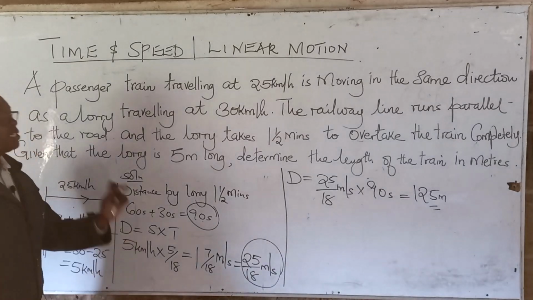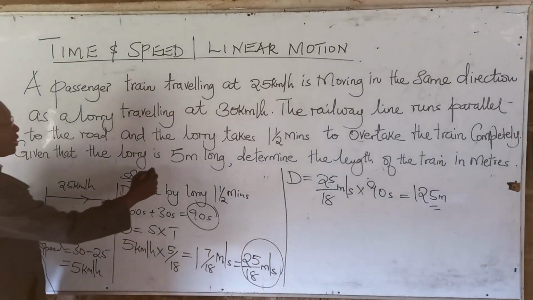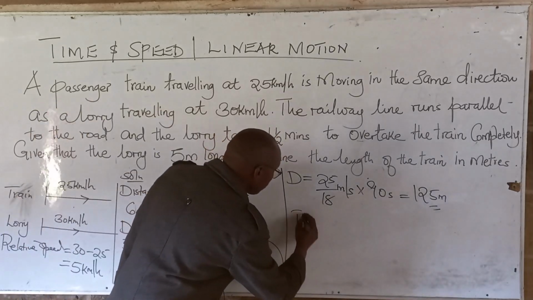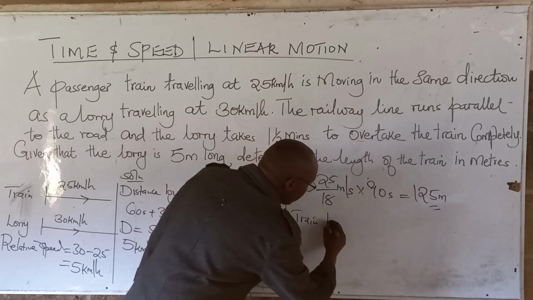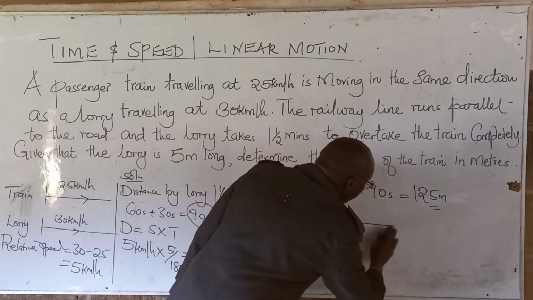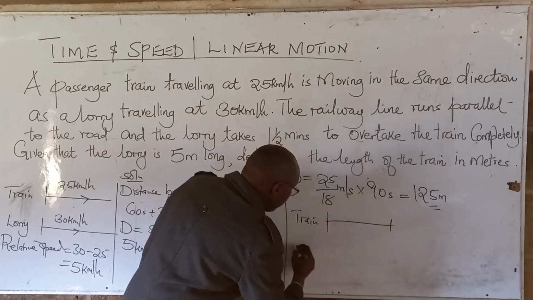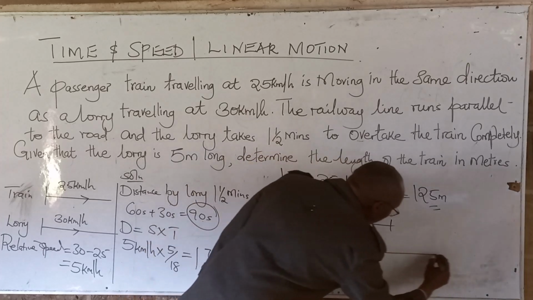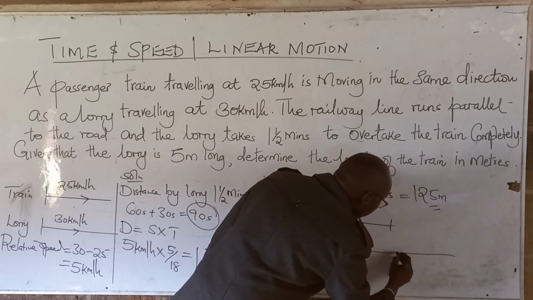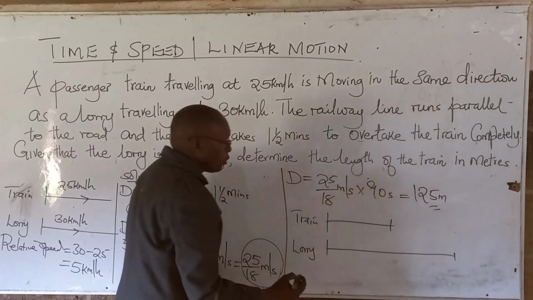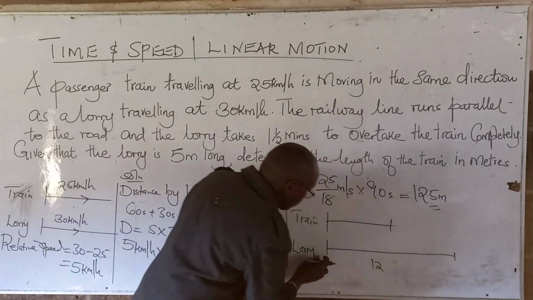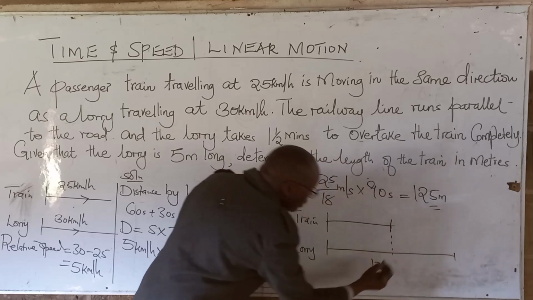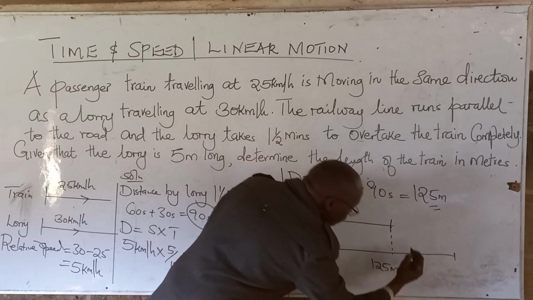Now from this, given that the lorry is 5 meters, I can draw it here again. So we have the train, this is the length of the train, then the lorry. After overtaking, it was able to move from this point to this point. After overtaking the train, it overtook the train at this point, moved 125 meters.